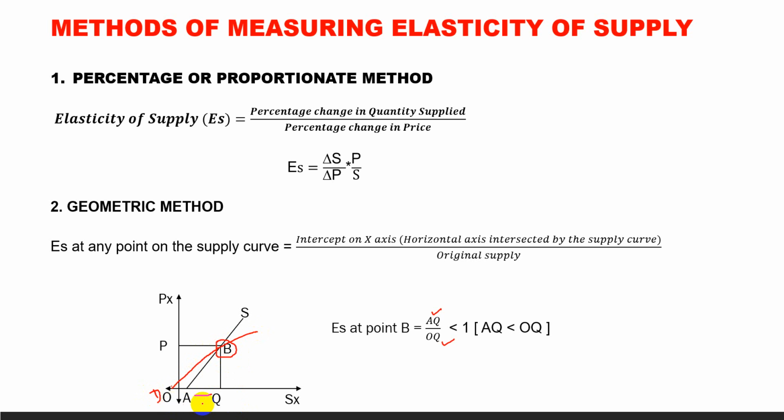If the supply curve is from the origin, then OQ by OQ will be equal to 1. So in this way we can prove it.